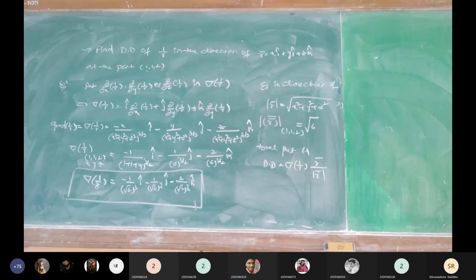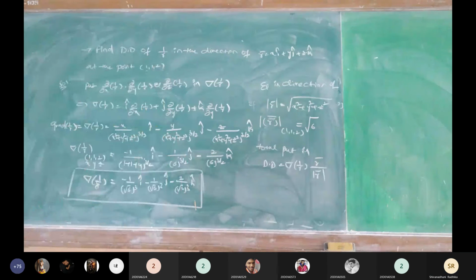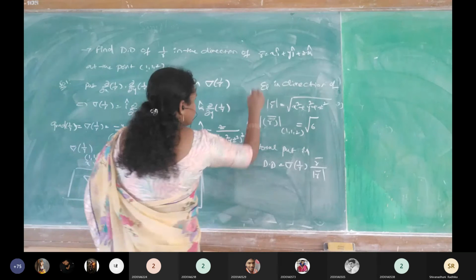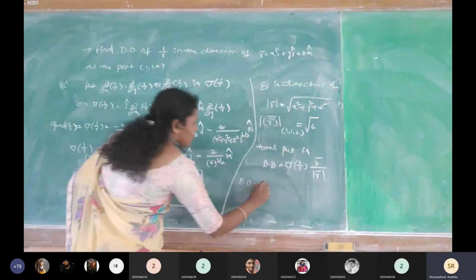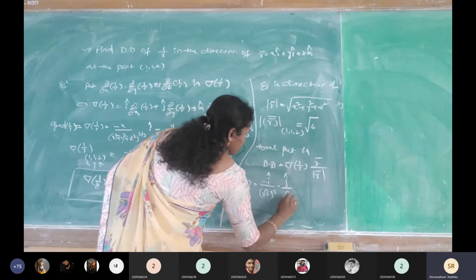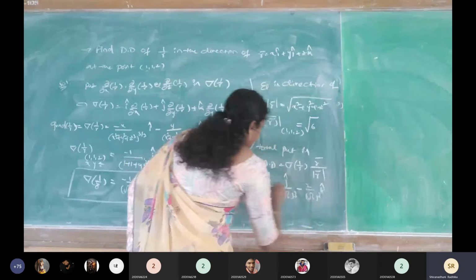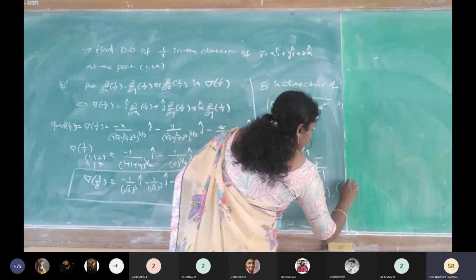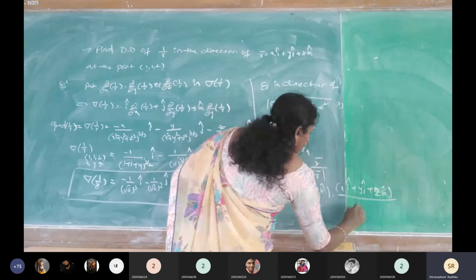Okay, ma'am. Now the directional derivative: here, del of 1 by r is minus i cap by root 6 whole cube, minus j cap by root 6 whole cube, minus 2 by root 6 whole cube k cap, dot r bar, that is x i cap plus y j cap plus z k cap, by modulus of r bar.